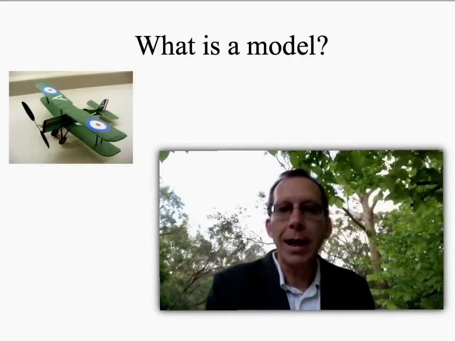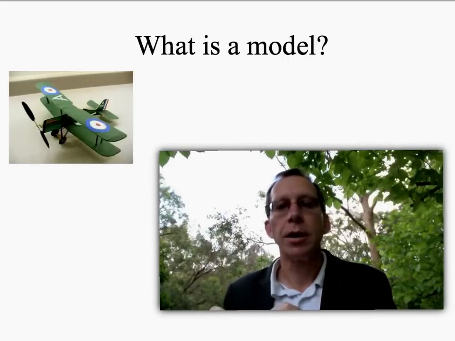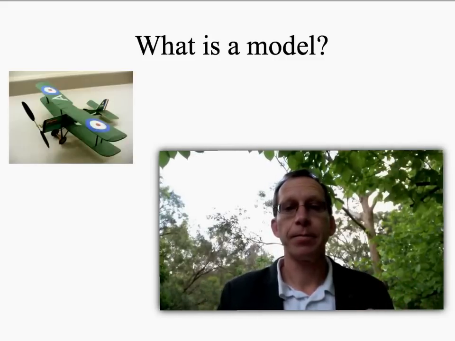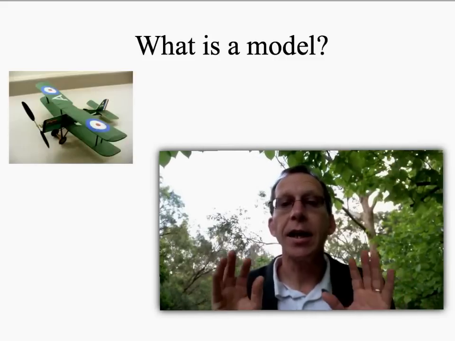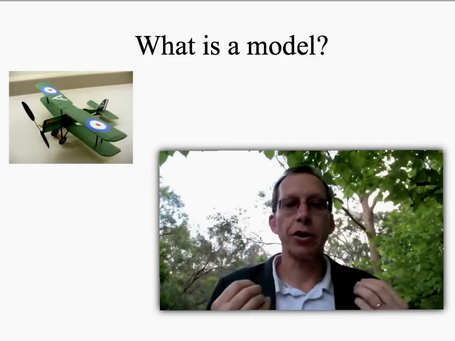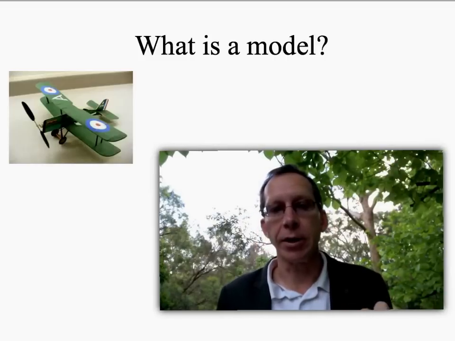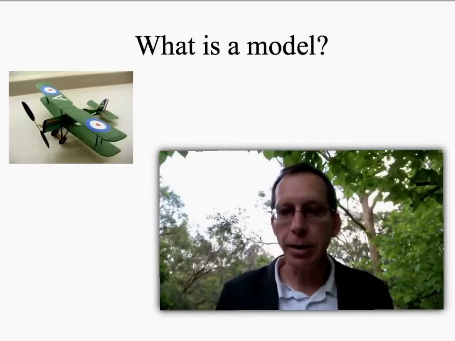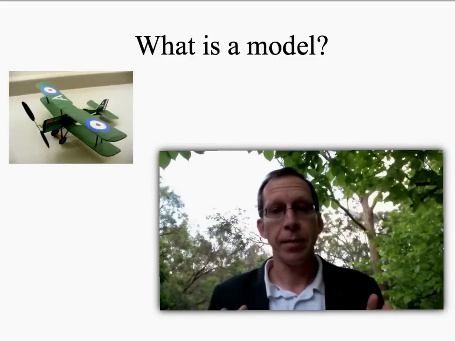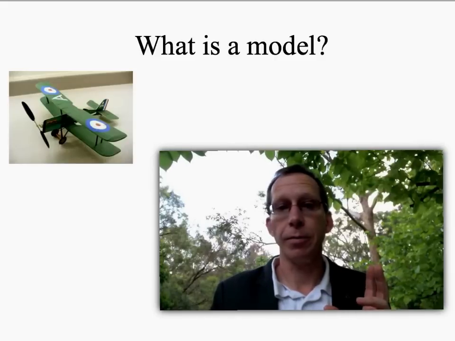Just like a model plane, an economic model will look like the real world, but is missing a lot of real world features and complexity. And just like a model plane is different from a real plane, an economic model is different to a real economy. A key part of learning economics is learning how to build economic models and how the models differ from reality.